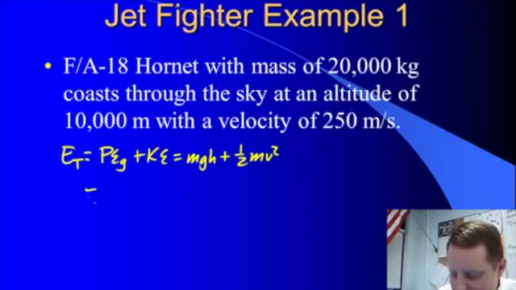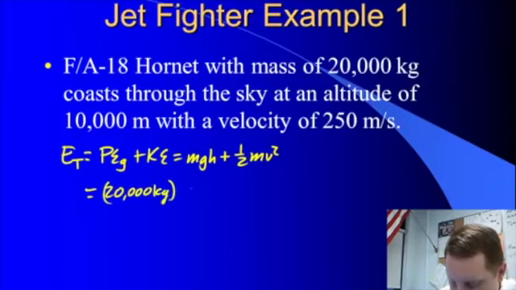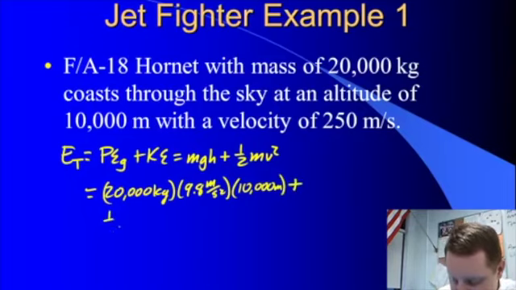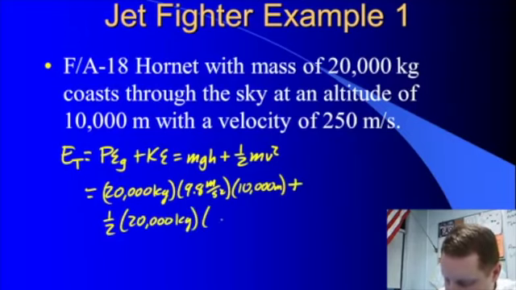When I substitute in with units, I have a mass of 20,000 kilograms. I have g, the acceleration due to gravity, of 9.8 meters per second squared, and its altitude of 10,000 meters, plus the kinetic energy portion, 1/2 times 20,000 kilograms, times the square of its velocity, 250 meters per second, squared.